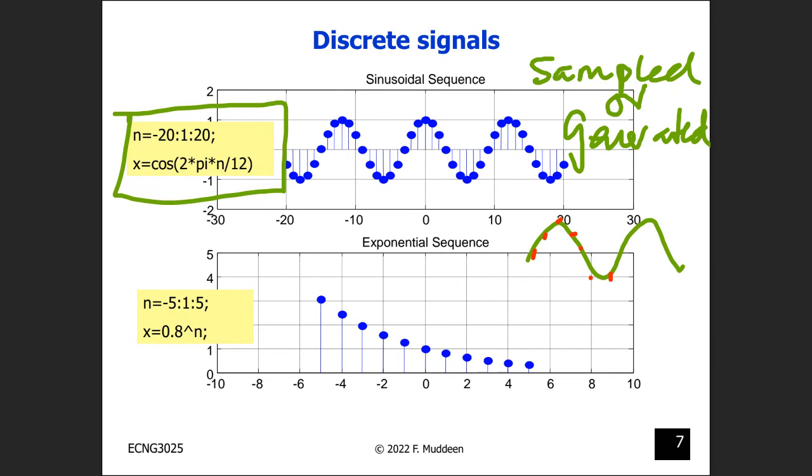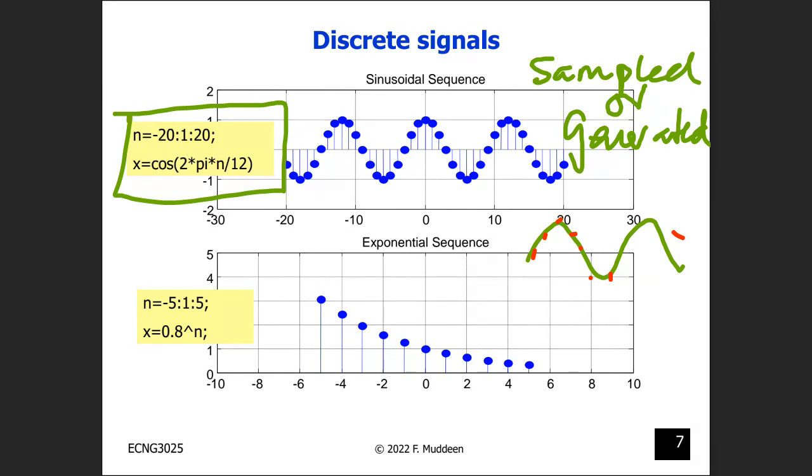It makes a very important difference, we'll come to it in a short while, whether it's generated or sampled, in terms of whether you treat the signal as being periodic or not. But we'll hold that for a little while. I just thought I'd introduce that at this point in time.